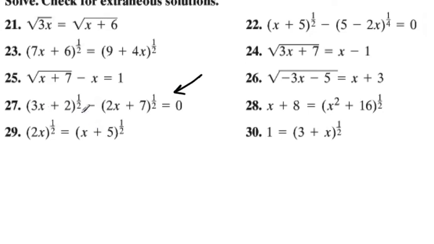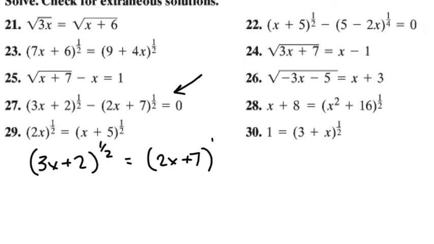The first thing I'm going to do is isolate the two radical expressions. So I'm going to add 2x plus 7 to both sides. So now we have 3x plus 2 to the 1/2 is equal to 2x plus 7 to the 1/2.